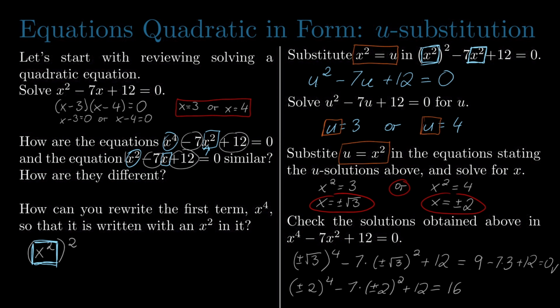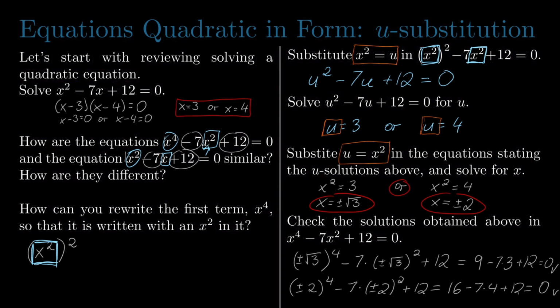Then 2 squared is 4, so we have minus 7 times 4, and then plus 12. 16 minus 28, because 7 times 4 is 28, is negative 12, and negative 12 plus 12 is, well, 0, which is the right-hand side, meaning, again, that our numbers really are solutions to that fourth degree polynomial equation. So all 4, positive and negative square root of 3 and positive and negative 2, are solutions to that fourth degree equation.